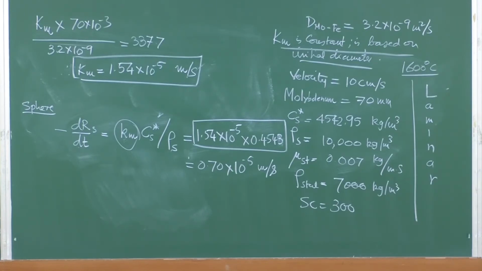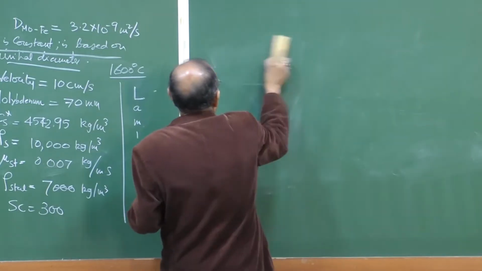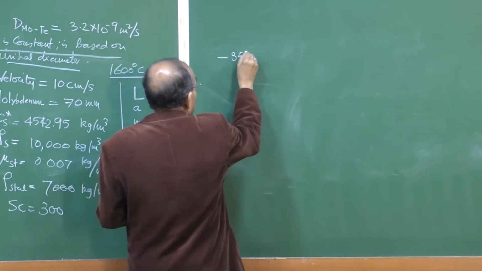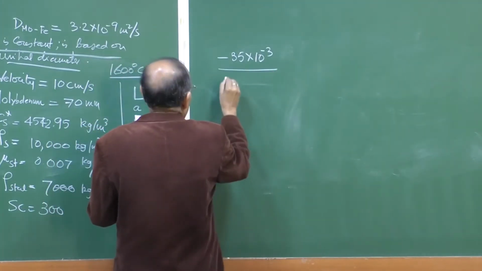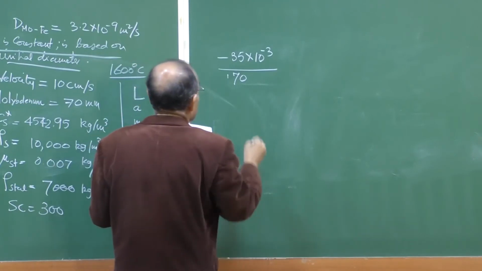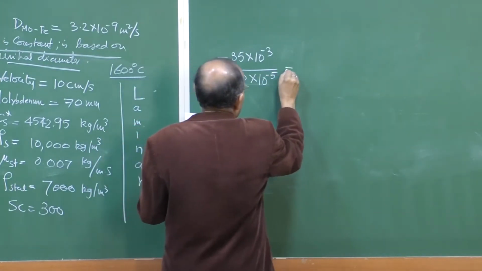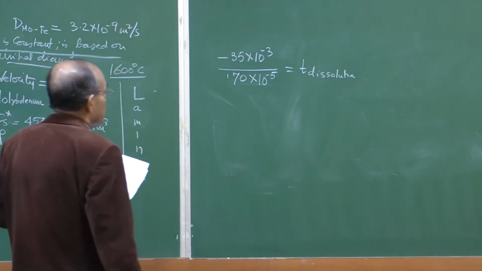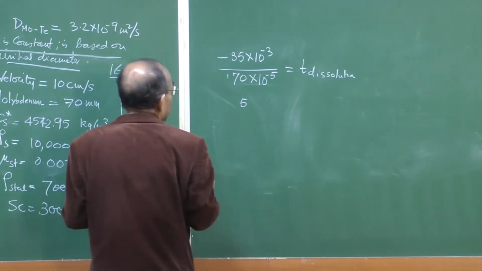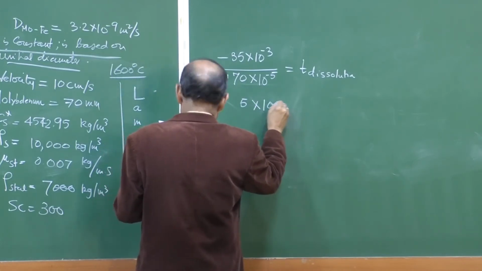So, this is going to be equal to 0 minus 0.035, or minus 35 into 10 raised to the power minus 3, divided by 0.70 into 10 to the power minus 5, and that is equal to the dissolution time. So, this comes to about 5,000 seconds.